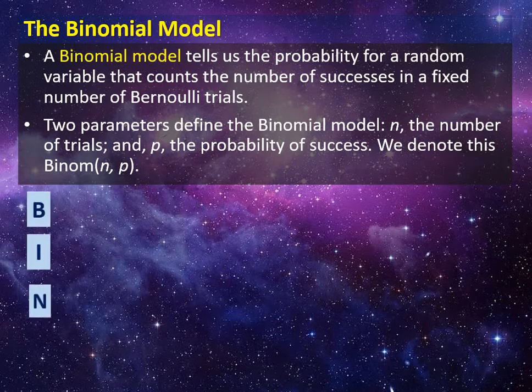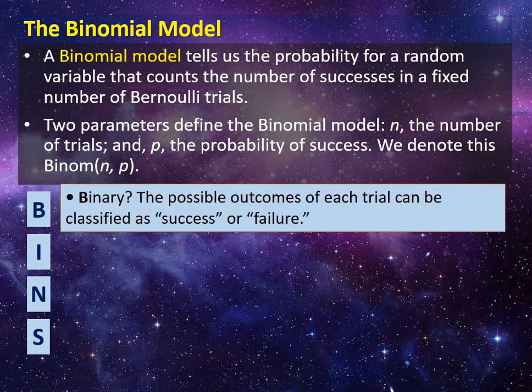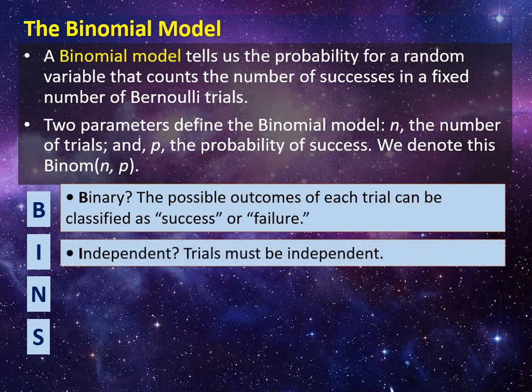We used BITS to remember geometric. BINS to remember binomial. The only difference here is, gee, what's B going to stand for? Binary. Success or failure. Bernoulli is okay too. Binary. What is I? Independence. One trial must not affect the outcome of another. What do you think N means?